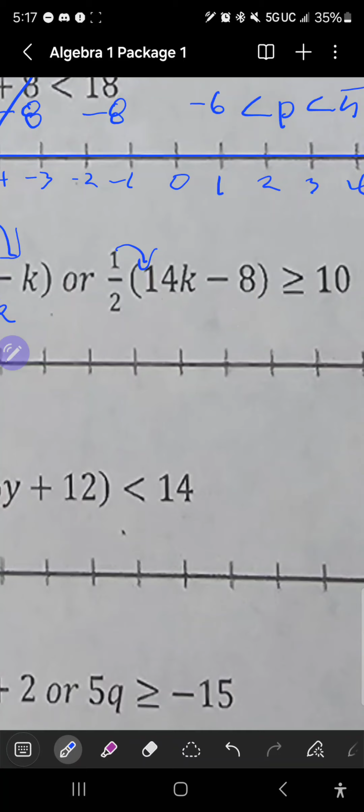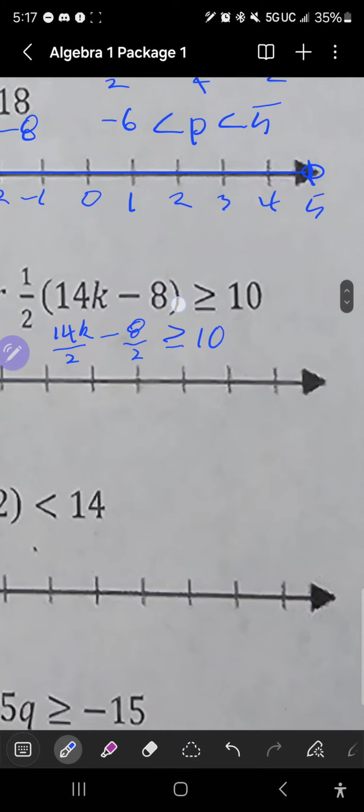So this is basically going to be 14k over 2, since 1 times 14 is 14 and 2 times 1 is 2, minus 8 over 2, since 1 times 8 is 8 and 2 times 1 is 2, greater or equal than 10.